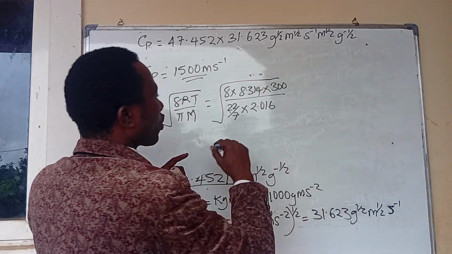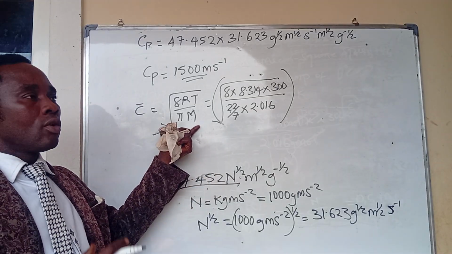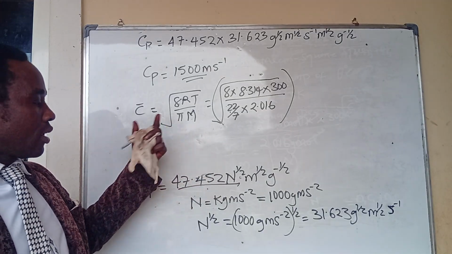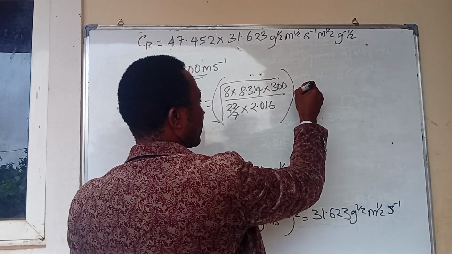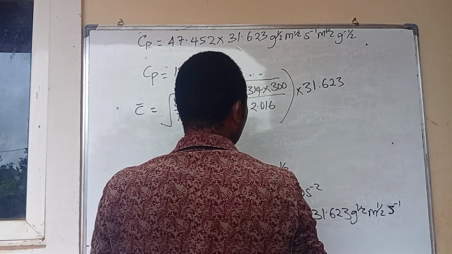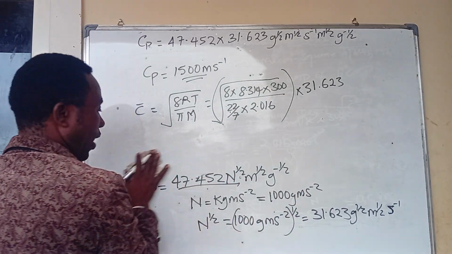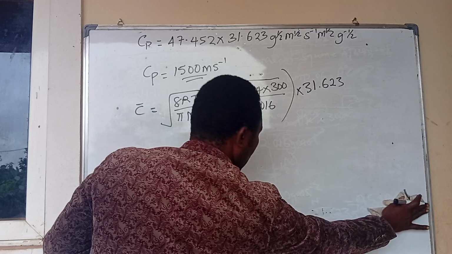Then, for us to convert our units to be in meters per second, like we did the other time, we'll multiply by 31.623. So when you do that, our answer will be automatically in meters per second.